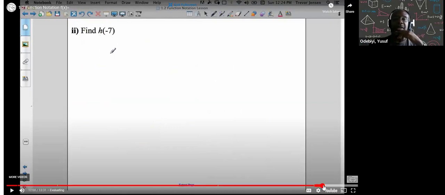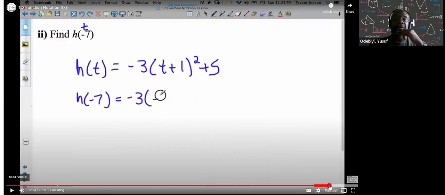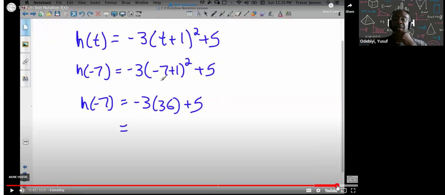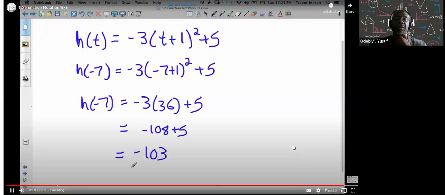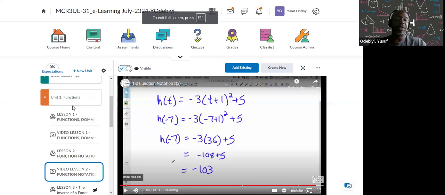Okay, and I believe he plugs it in there, and then you get your value for h when your t is -7. Okay, so fast forward, and then your answer is going to be -103. Okay, so that's your answer. So looks like we covered both of the lessons.